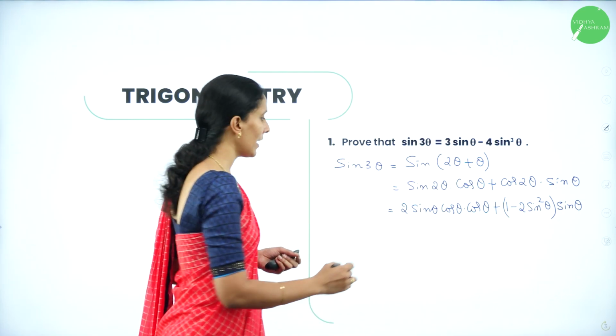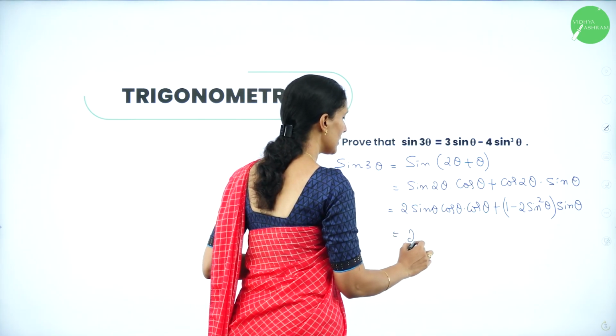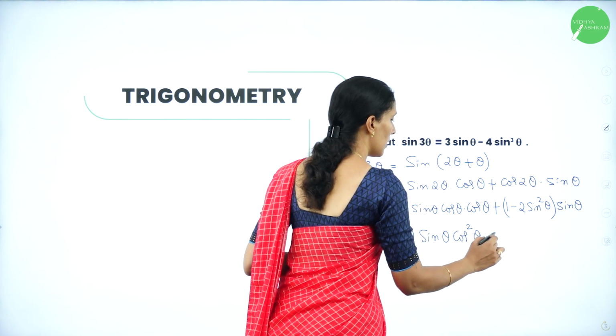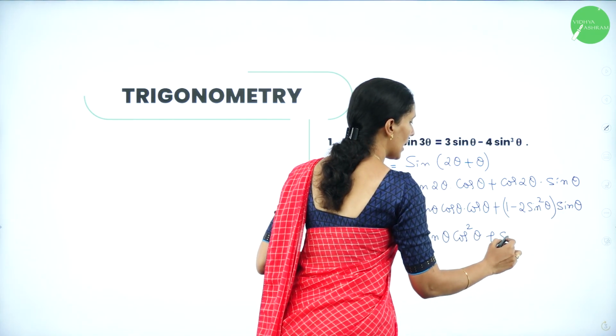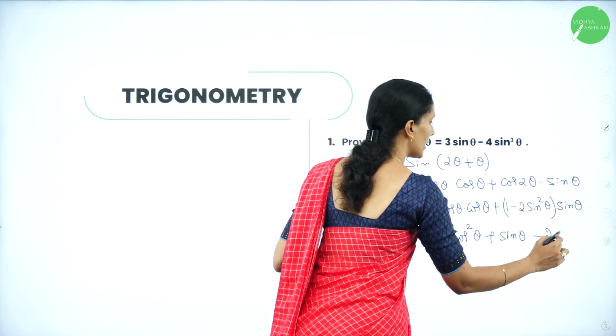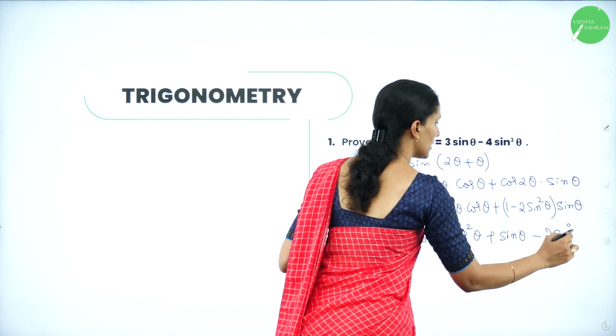Now multiply every term here. You will get this as 2 sine theta cos square theta plus 1 into sine theta is sine theta minus 2 into sine square theta is 2 sine cube theta.